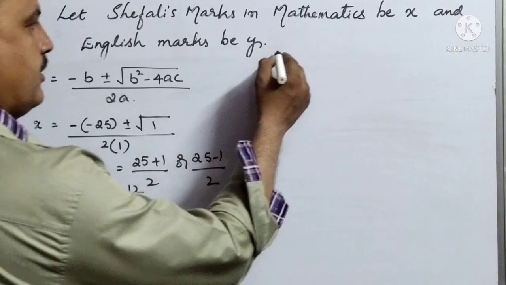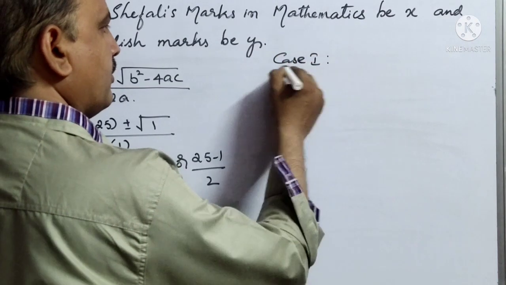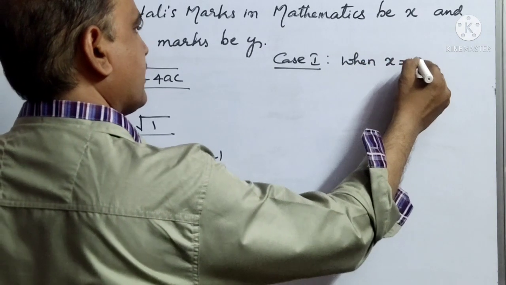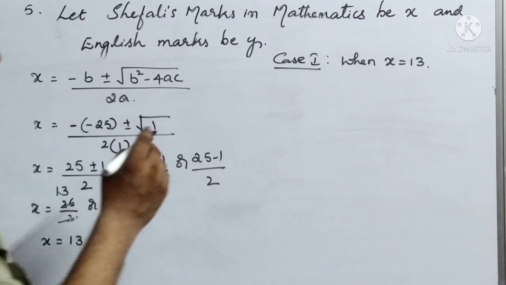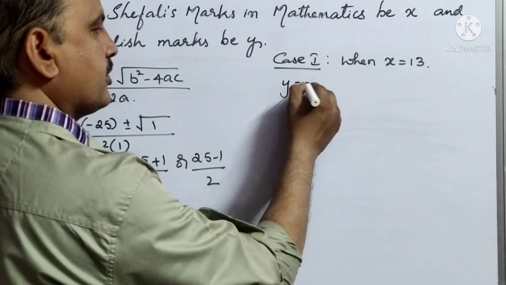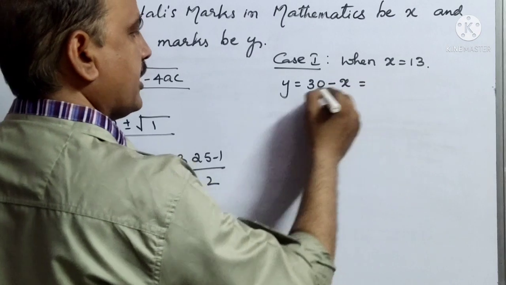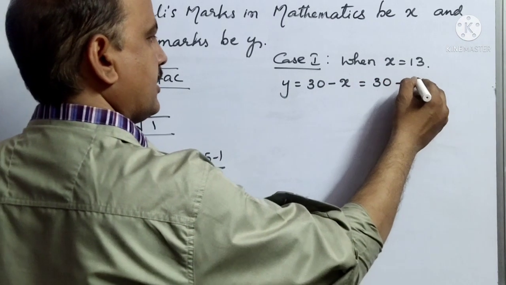So that's why you write here case 1, when x equals 13. That means we are now taking x equals 13. You know that x plus y equals 30. So y equals 30 minus x, which means 30 minus 13.